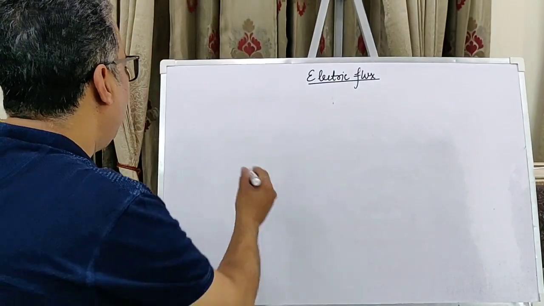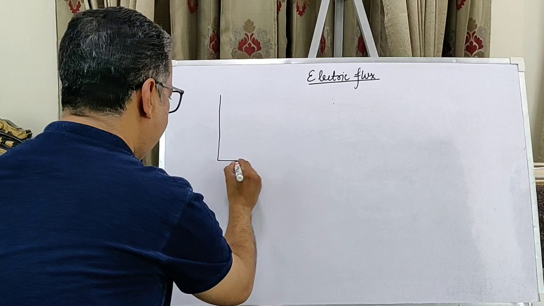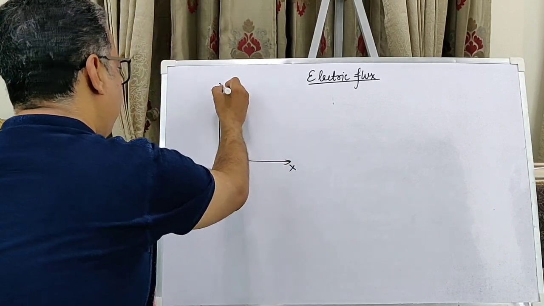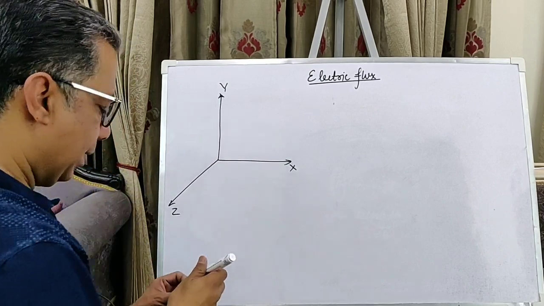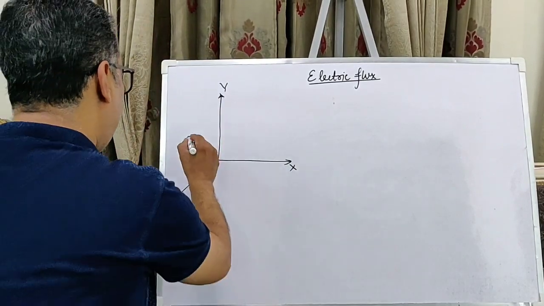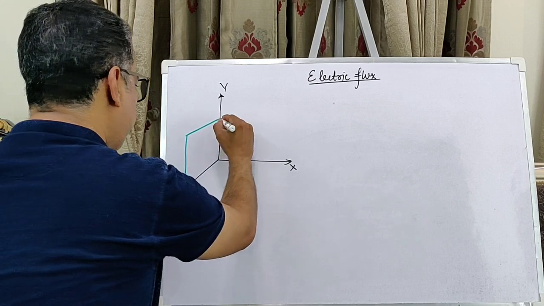Let's say we have the same area as in the previous example. So this is x, y and z, and the same old square plane area of 2 meter by 2 meter in the yz plane.